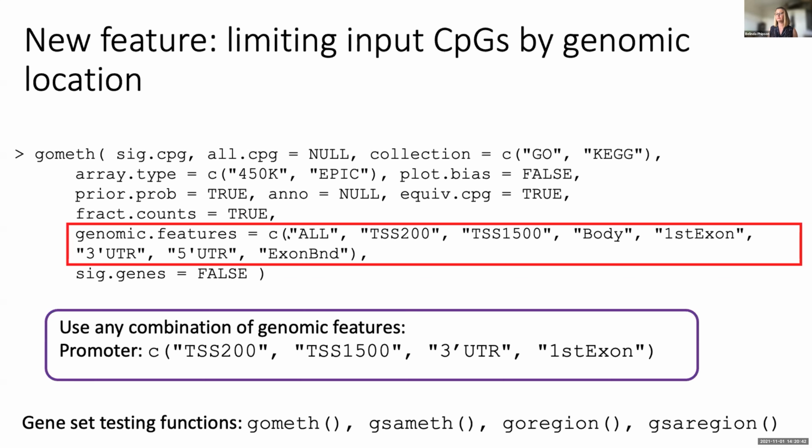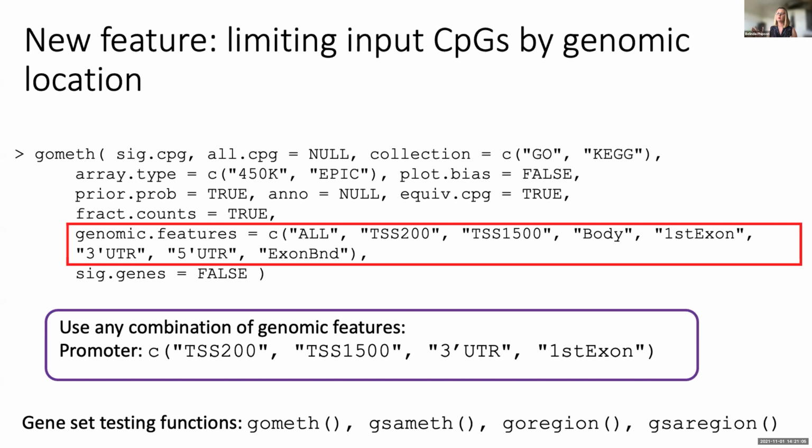So if you are, for example, only interested in CpGs that are in the promoter, you can use any combination of these genomic features, which are defined by the annotation from Illumina. For the promoter, we might consider that TSS200, TSS1500, the 5'UTR, and the first exon could constitute the promoter.